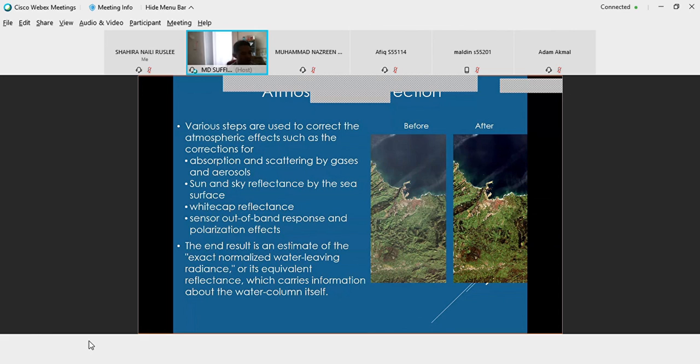VV means vertical: the light transmitted is vertical, and the light received is also vertical. Or VH, vertical horizontal: the light is transmitted vertically, and the received light uses a filter and is horizontal. We know light is in the form of wavelength, so polarization means you control the plane of the light into a single plane.